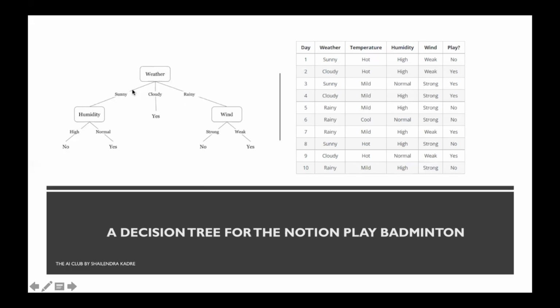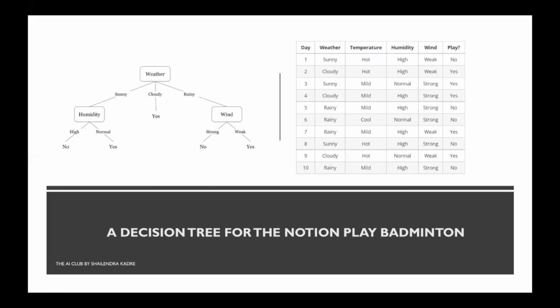Now when the weather is sunny, in row 1, weather is sunny and the play is no. Coming to row number 3, weather is sunny and the play is yes. So it means that the target variable, in addition to the weather feature, depends on some other features also.